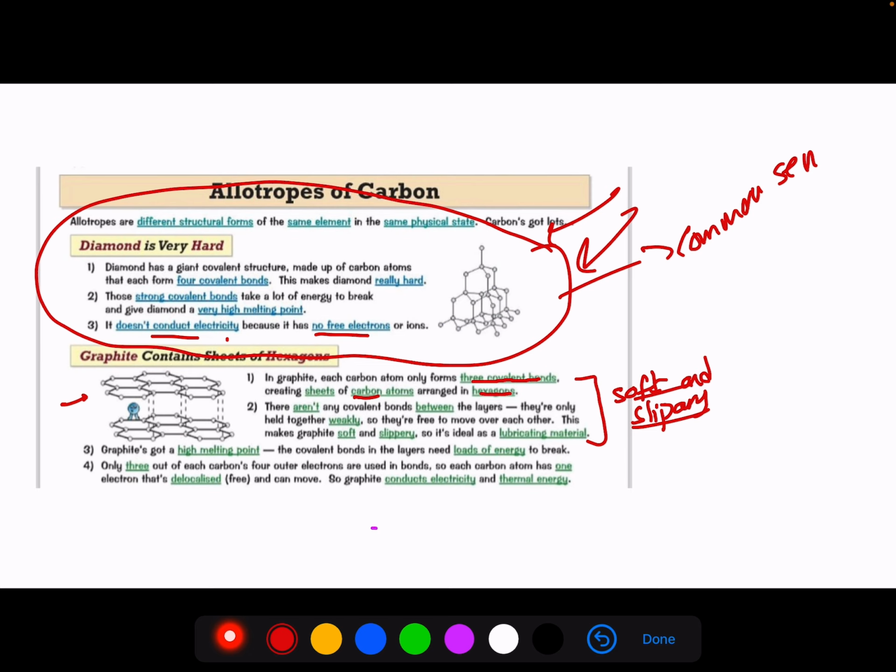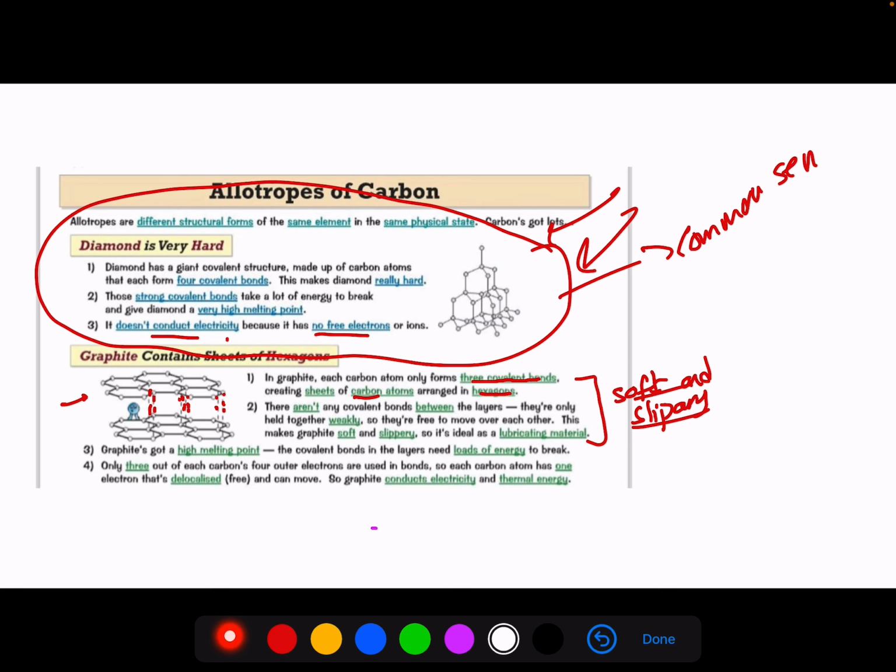And please look at the bonds between the sheets. These are very weak bonds. These sheets aren't bonded covalently, because there isn't any covalent bond between the layers. The covalent bonds are only within the layer. So there are weak forces between the layers.